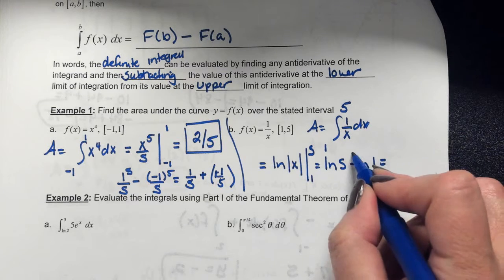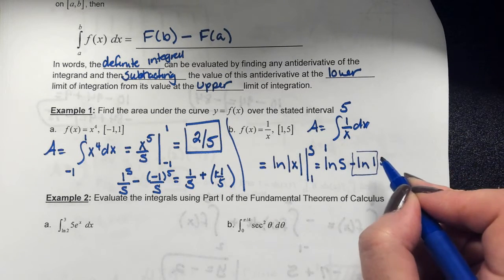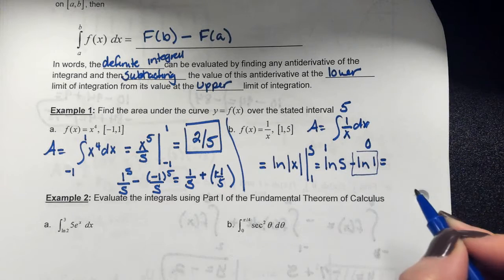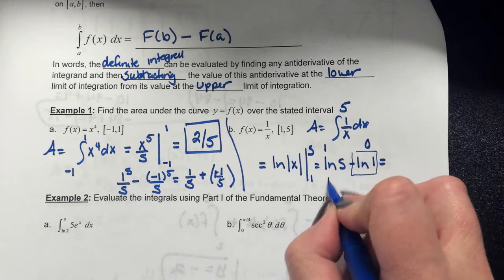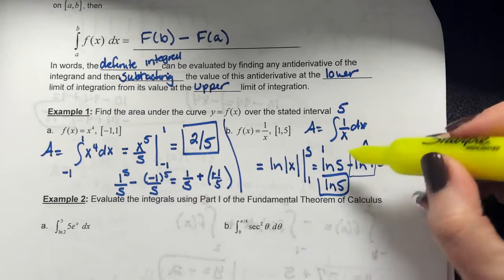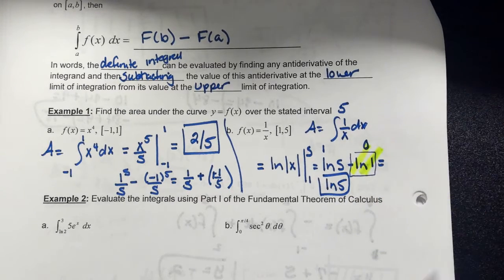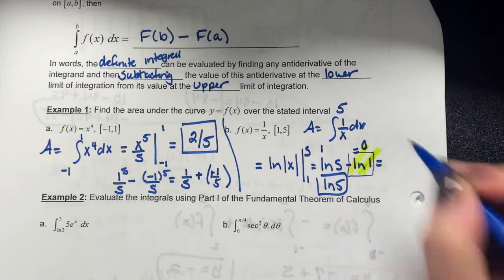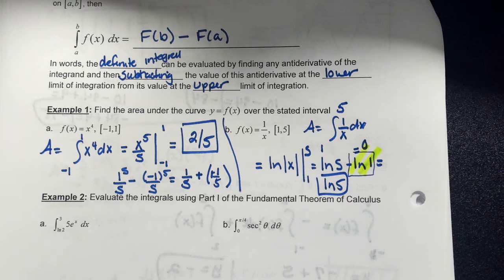Remind me again, what is the natural log of 1? 0. So my final answer is going to be natural log of 5. Don't forget, guys, the natural log of 1 is equal to 0. Especially if that's a multiple choice question, they're never going to write that natural log of 1. The natural log of 1 is 0. So any questions on the natural log of 5?